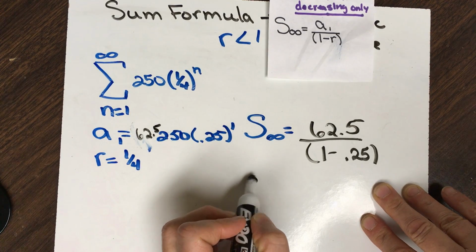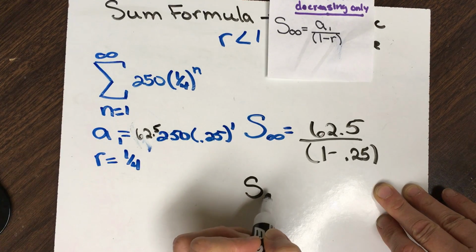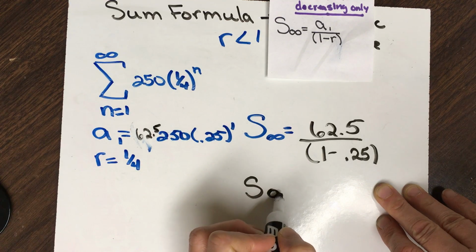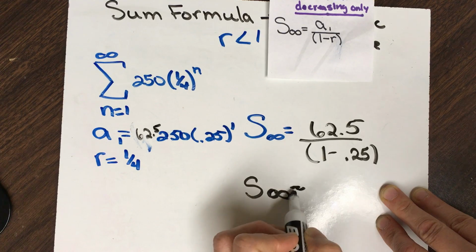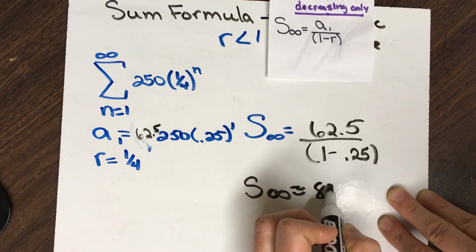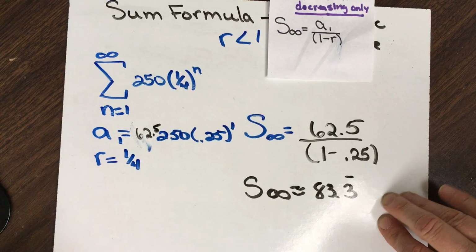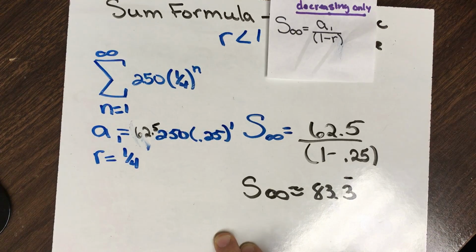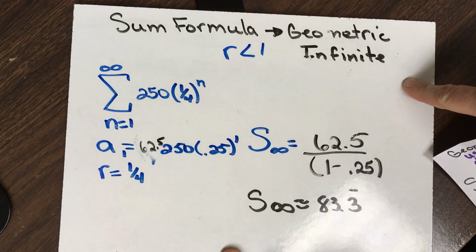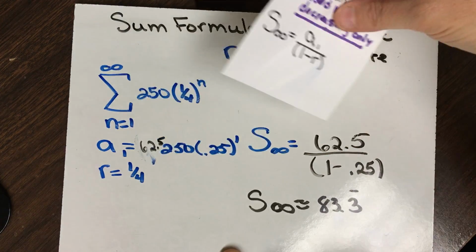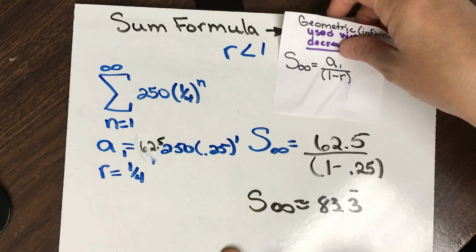So when this gets calculated in the calculator, oops, infinite symbol, we get approximately 83.3 repeating. So where did I get all this information again? I'm using the geometric infinite sum formula, and that looks like this.